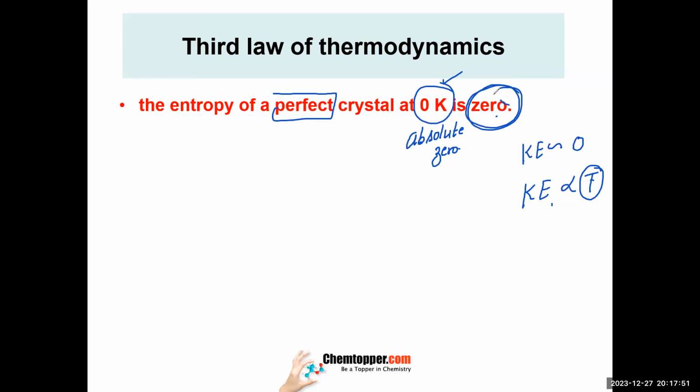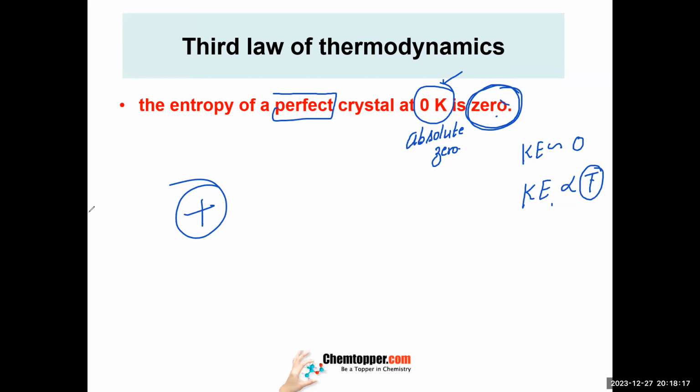So what does it mean? It means that under normal conditions, none of the compounds will have zero entropy. All the compounds will have a positive entropy value. You check the entropy table where they have given the values for entropy of different substances. They all have positive values.